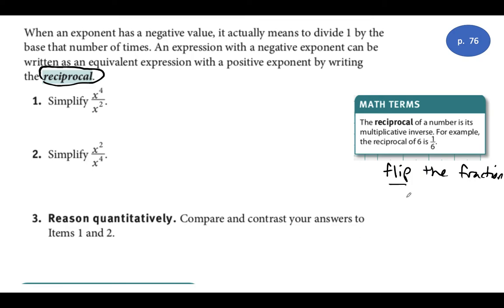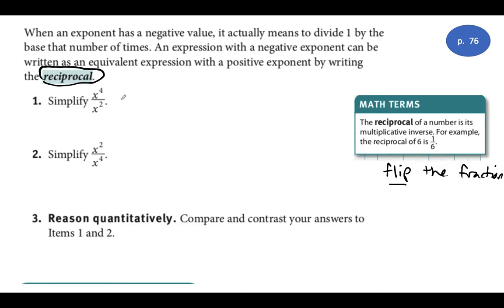That's the flip. But be careful, because here we're going to take the reciprocal of the whole thing. But sometimes you have problems where some of the powers are negative and some are positive. You're not taking the reciprocal of the whole fraction, just that one power.